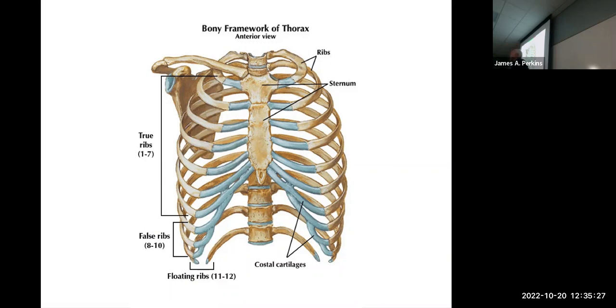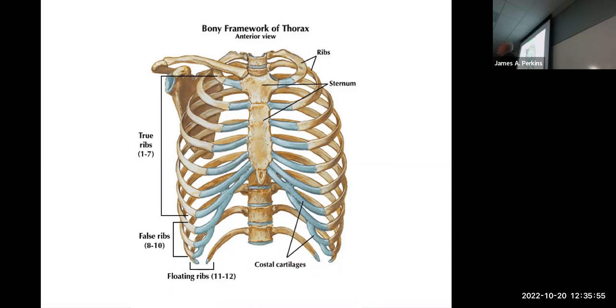I have to tell you, I've never liked that nomenclature, because all of these things are perfectly good ribs. False ribs are not fake; they're just as much a rib as the true ribs. The distinction between these three types of ribs is based entirely on the configuration of the costal cartilage. It has nothing to do with the shape or the location of the rib.